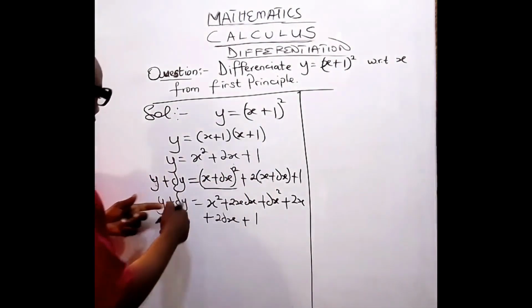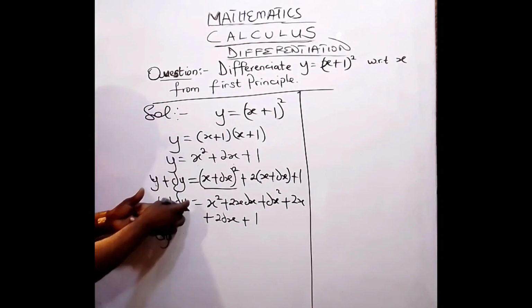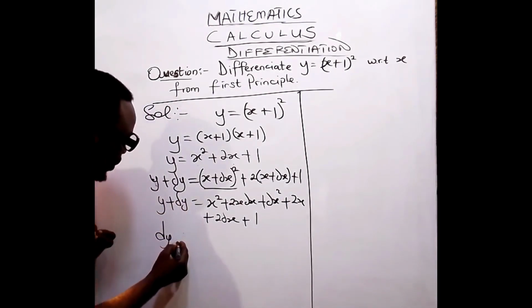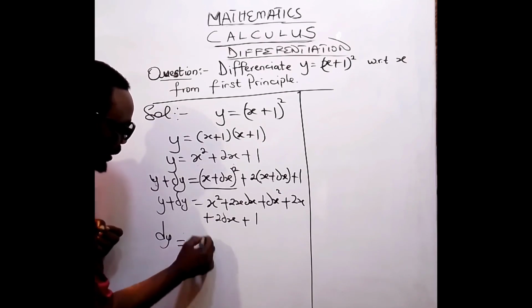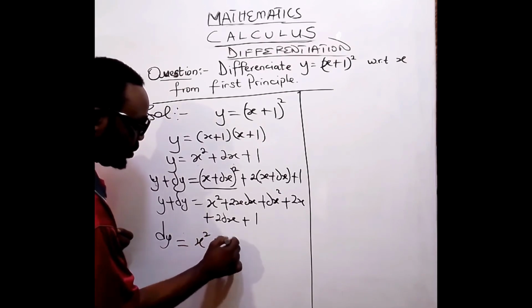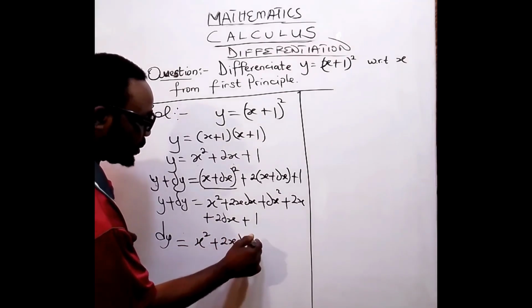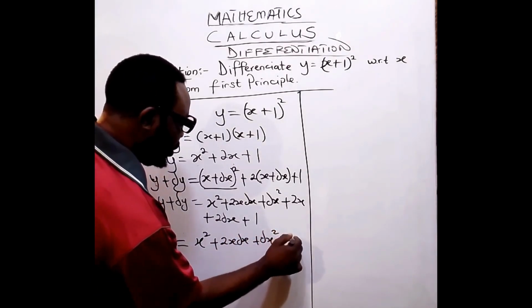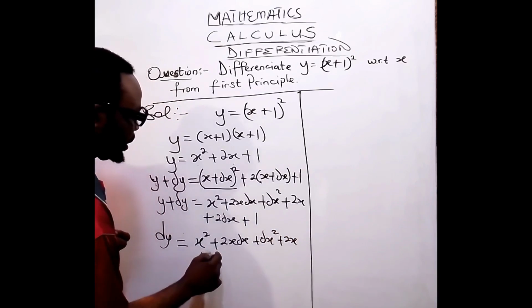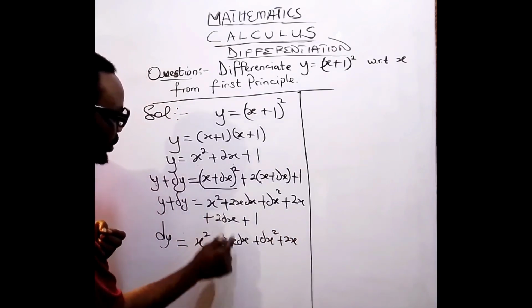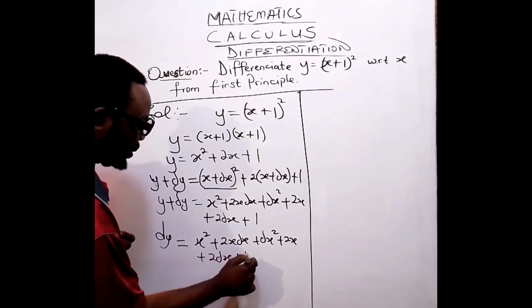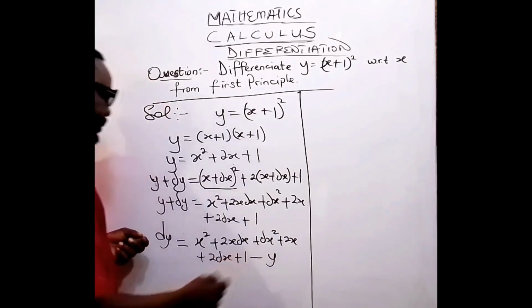So we can now let delta y be the only value at this left hand side here. So delta y will now be equal to x squared plus 2x dx plus dx squared plus 2x plus 2dx plus 1 minus y.